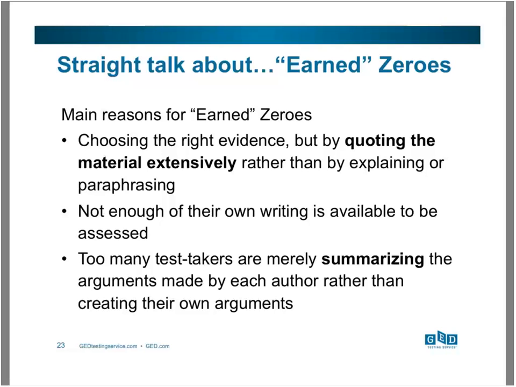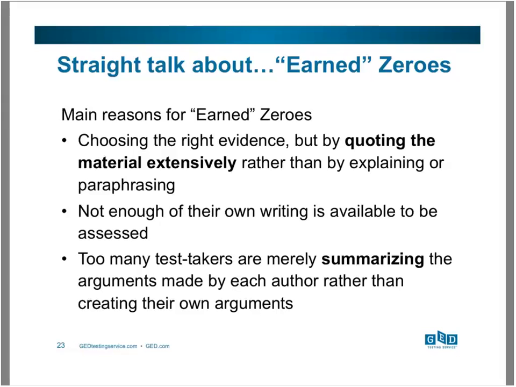Well, the main reason for earned zeros is that many of our students are choosing the right evidence, but they are quoting the material extensively. And oftentimes we call that plagiarism. Let's face it, we see a lot more of that as we have the internet going and students go to research something and they cut and paste, and we add a transition word here or we substitute a word there.